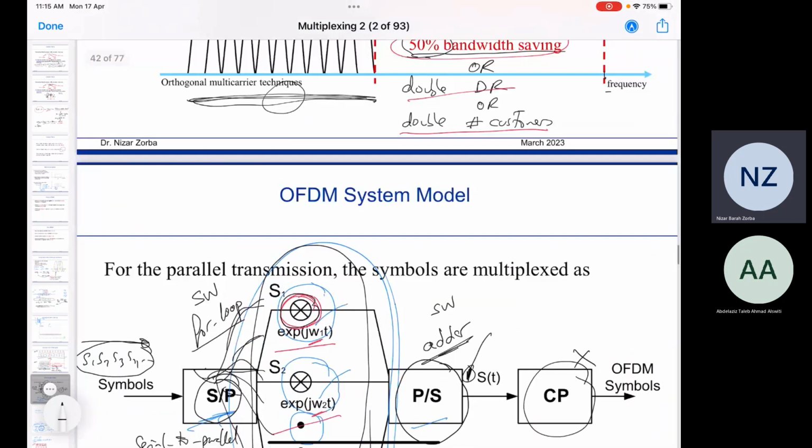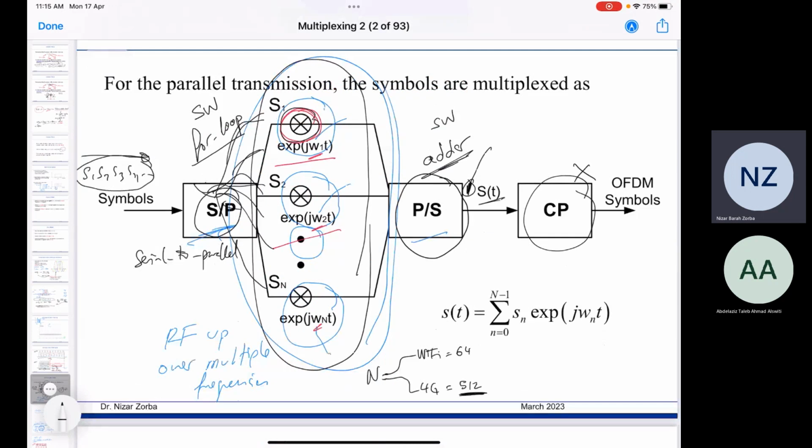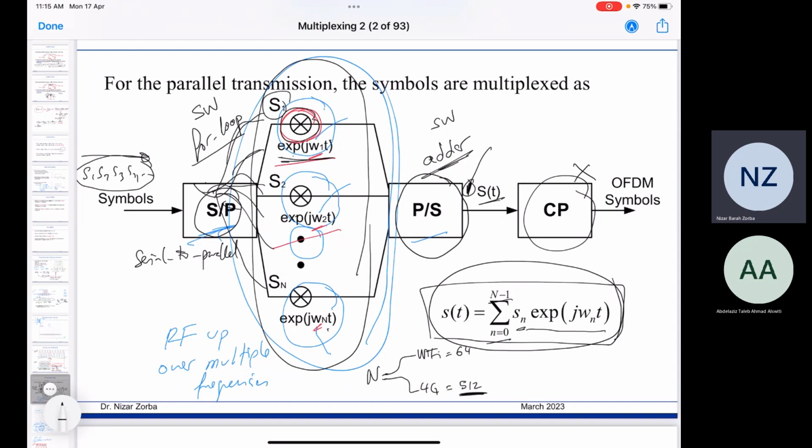Then here, this signal, whenever it's added up, will look like this: the first symbol you see here, Sn, multiplied by e to the j omega t, summed from n equals 1 to N, or from n equals 0 to N minus 1. And now my question: is this expression familiar to you from previous courses?